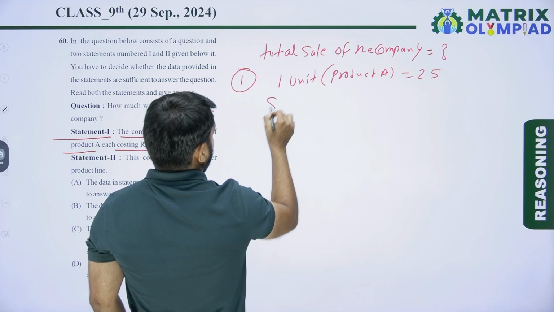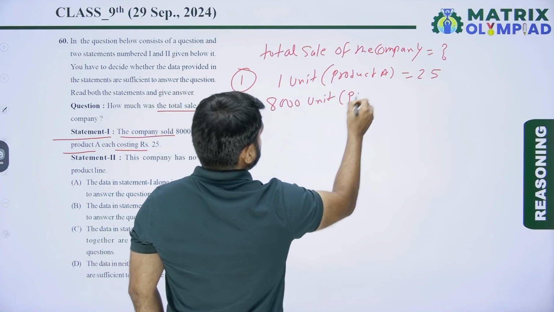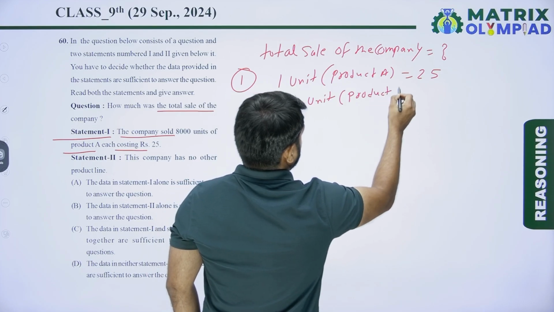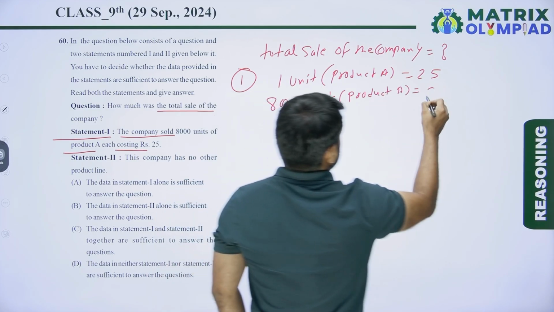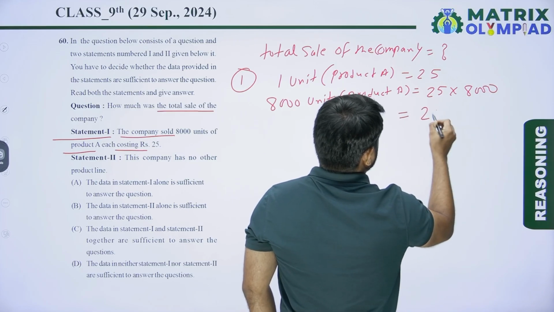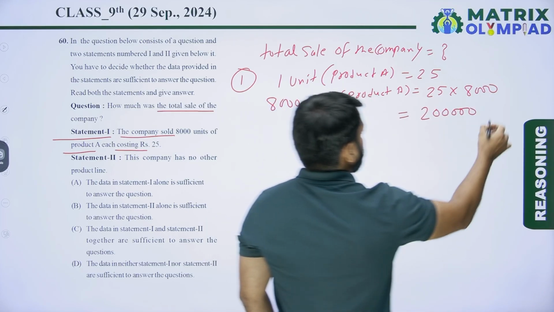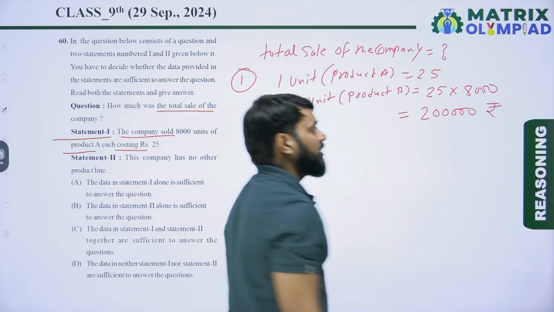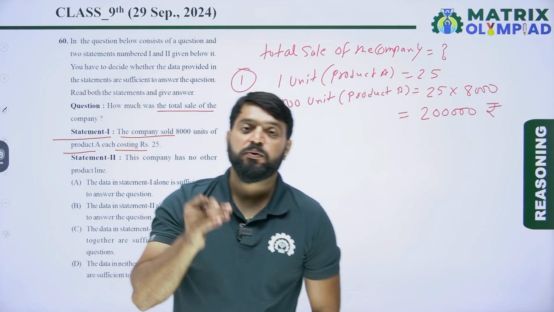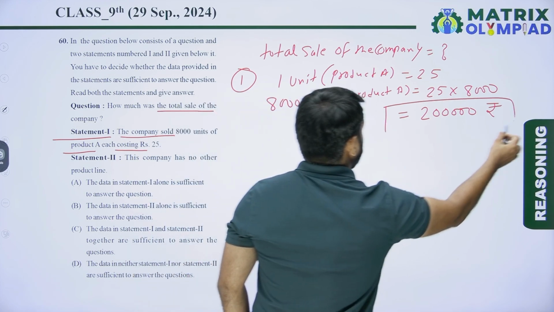Now the total cost of 8,000 units of product A is equal to 25 into 8,000. It means 2 lakh rupees is the total sale of product A. So this is not the total sale of the company.